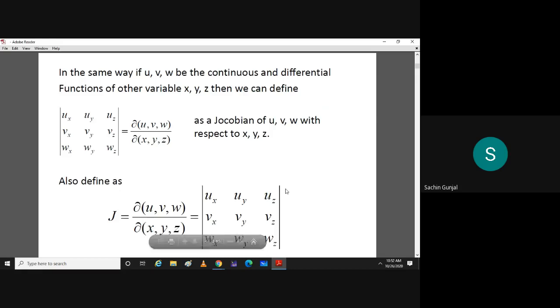Next is the Jacobian for three variable functions, and the definition is in a similar way.